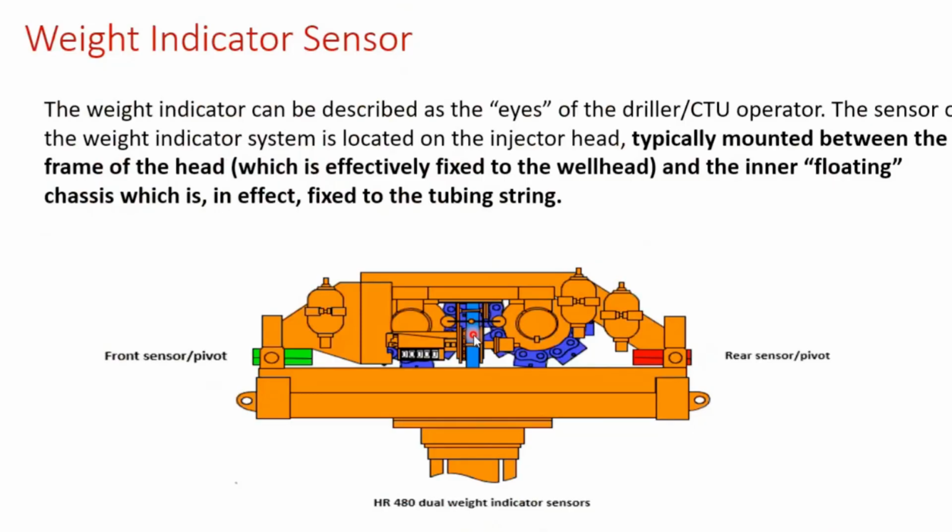So the resultant force of all those forces is called the tubing load or the surface weight. The surface weight is what we are reading here by means of the weight indicator.